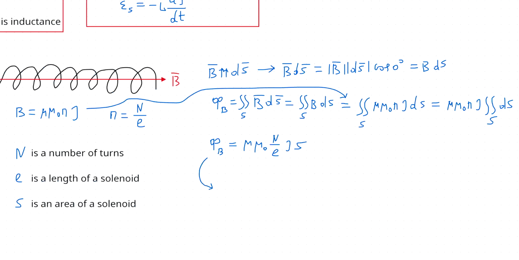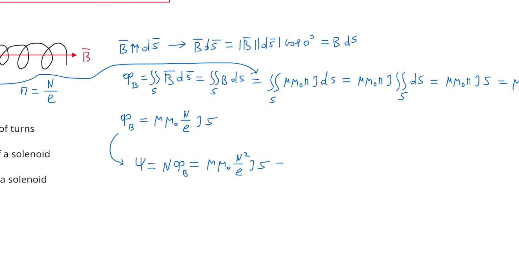So psi is equal to N phi B, and this is equal to mu0 n N I S. We can rewrite this in the next form.